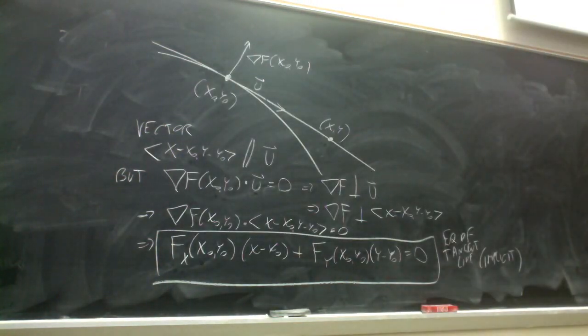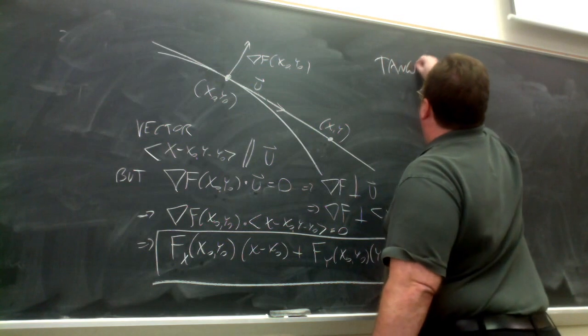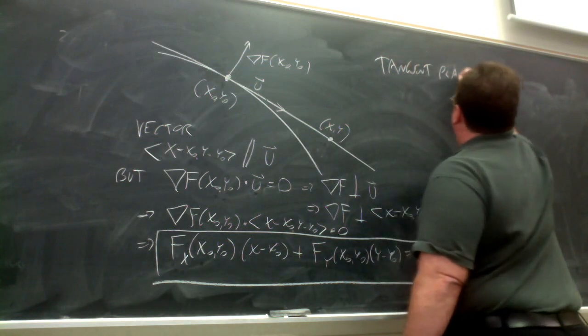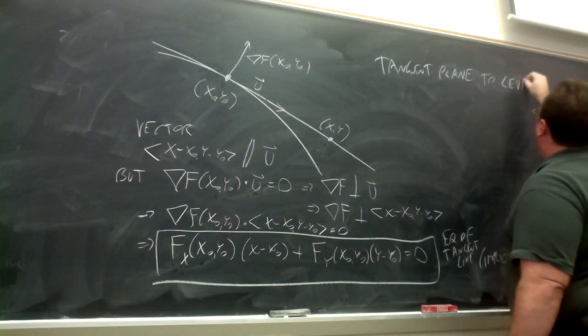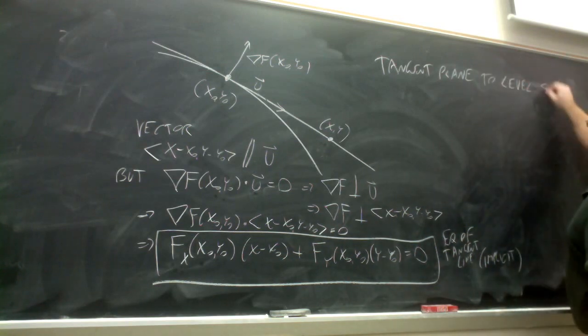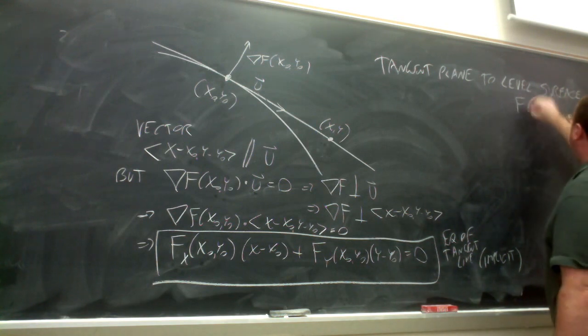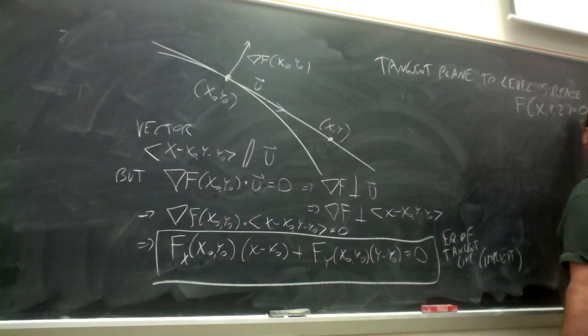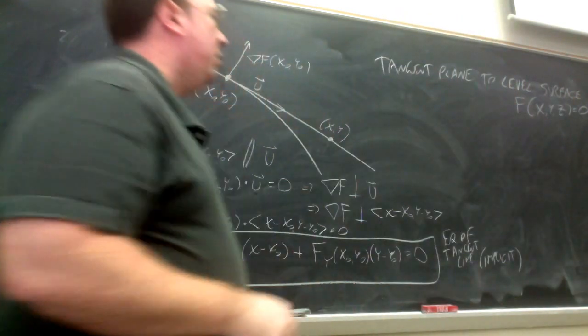Now, the same idea is true of a tangent plane. If you have a surface big F of x, y, z equals 0, that implicitly describes z as a function of x and y.